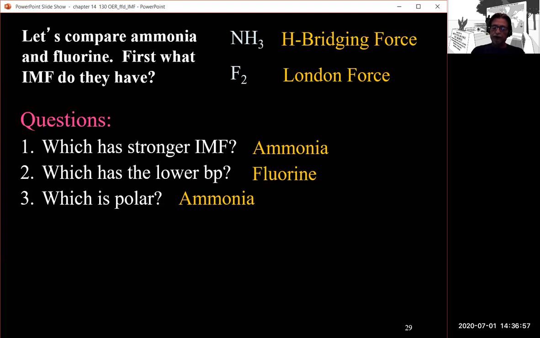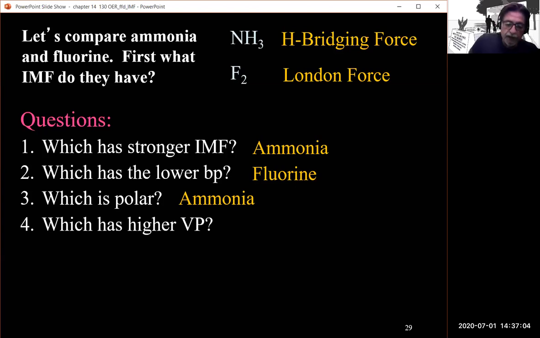Okay. We needed to know that so we can assign what force. And which has a higher vapor pressure? Again, to have a higher vapor pressure means that the molecules in the liquid are held on to each other much weaker. And again, here, fluorine has the weaker force.